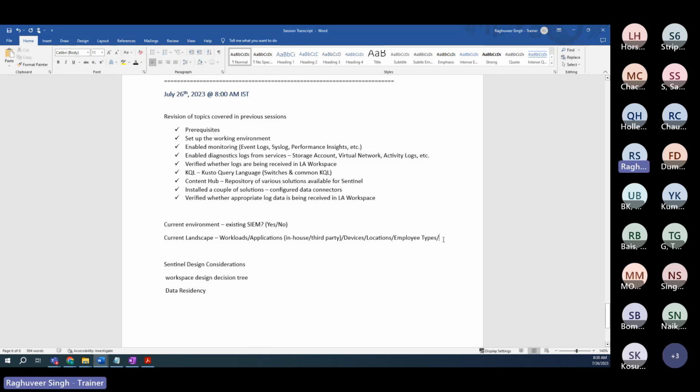And the most important information that you need is security standards and compliances.